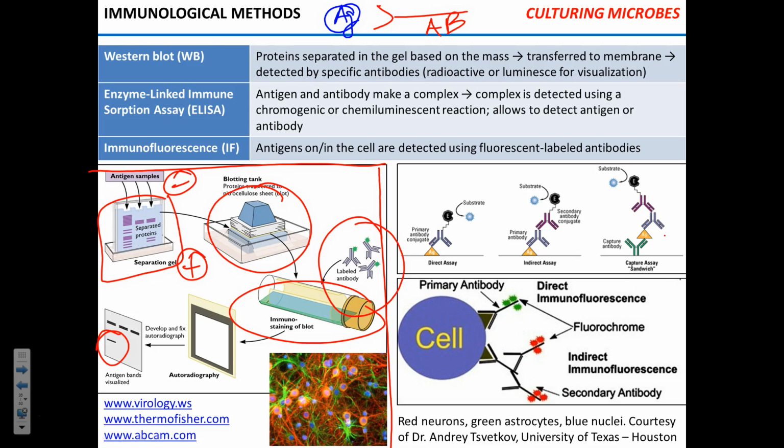Antibodies will bind to the protein and they will either light up or do some other things. That makes sense? So you identify a protein, and you identify them because you can separate them. Does that make sense to you?